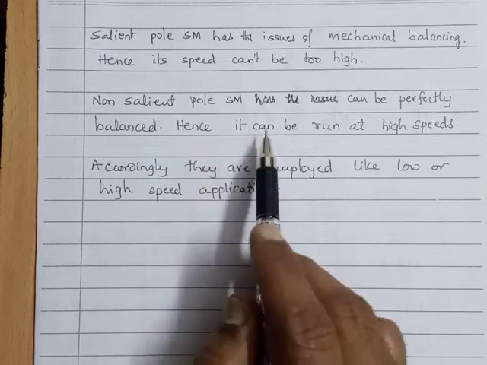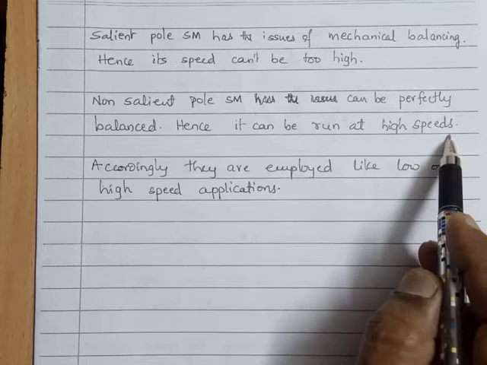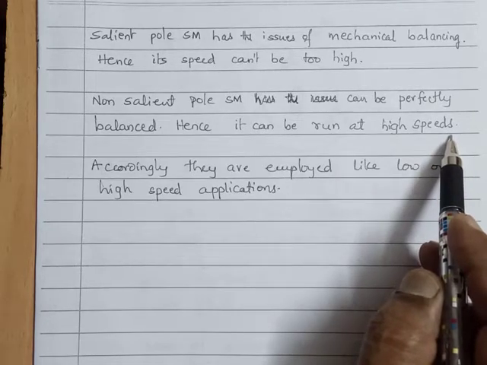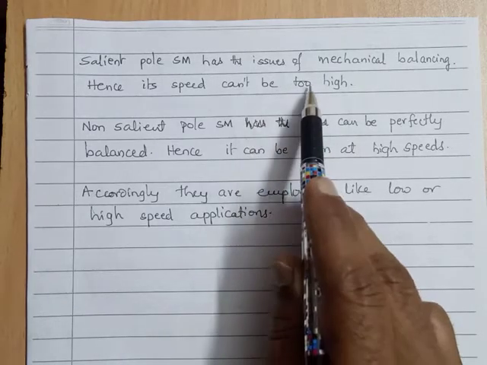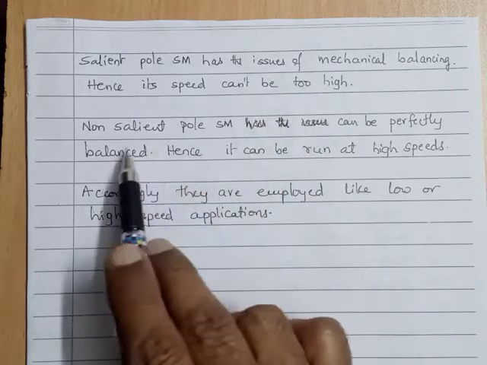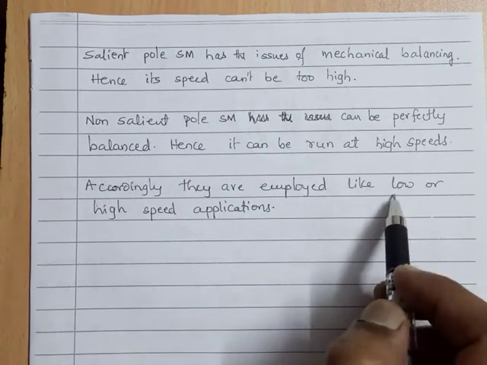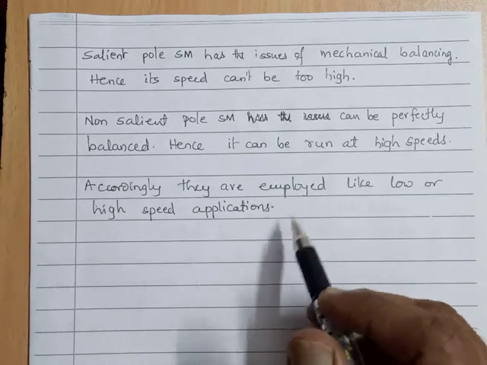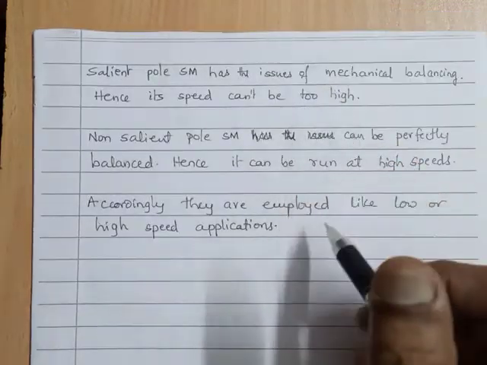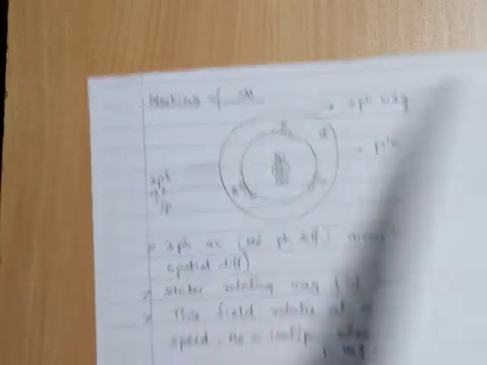Hence such synchronous motors can run at very high speeds. Depending on whether it is the projecting, salient pole or the non-projecting, non-salient pole, accordingly they are used in the corresponding applications, wherein the applications are characterized by low speed or require high speed operation. Accordingly these constructions are employed. Good. Okay. Next we will look at the working of the synchronous motor.